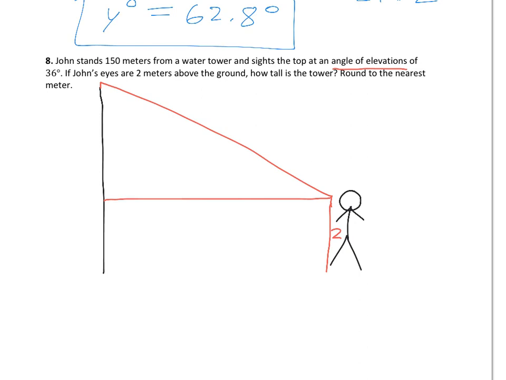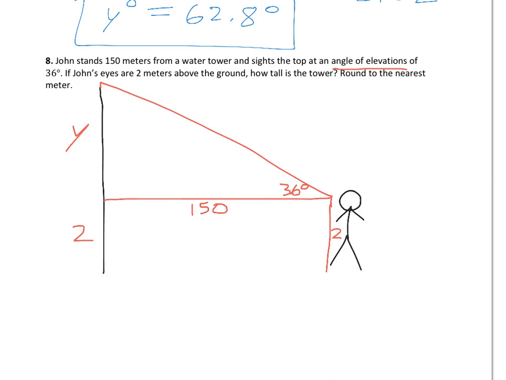So the 2 red lines make the angle of elevation. They tell us this is 36 degrees. We know that he is 150 meters away from the tower, and we're trying to find this distance. Once we find that distance, we need to add the 2, since his line of sight is not from the ground, it's from 2 meters above the ground.